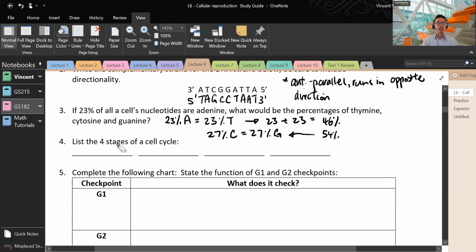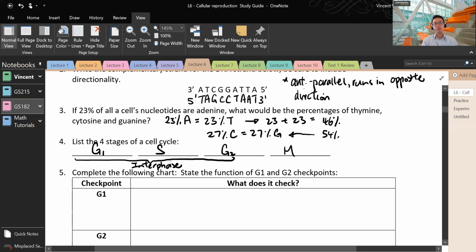List the 4 stages of cell cycle. And so we have G1, we have S, G2, and M. Okay, so this here, the first 3 letters, these are the interphase.